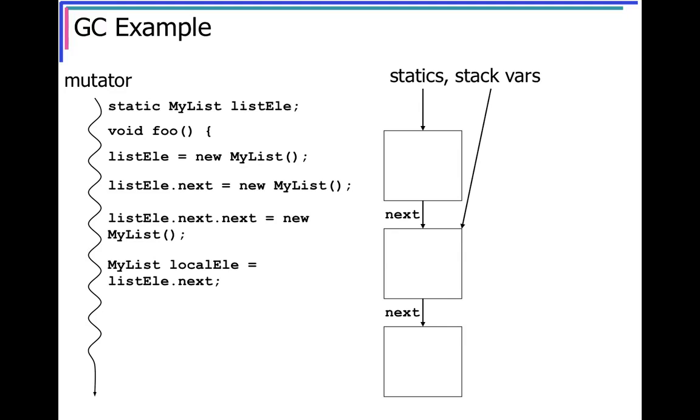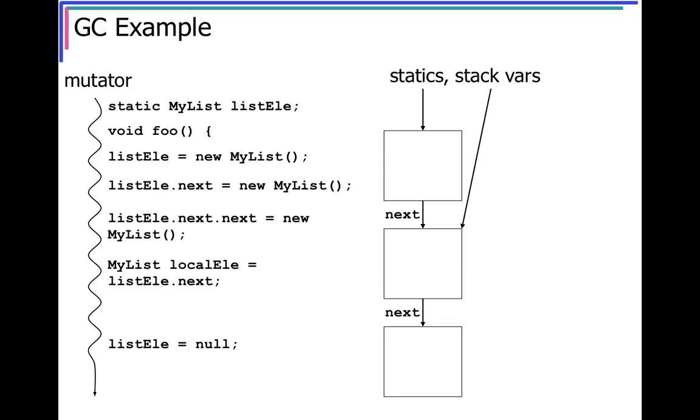Okay, so localLE, because it's a local variable, is stored in the runtime stack frame of method foo. So in that stack frame, there is an entry for localLE. It holds an address, and that address is that of the object that listLE.next is referring to.